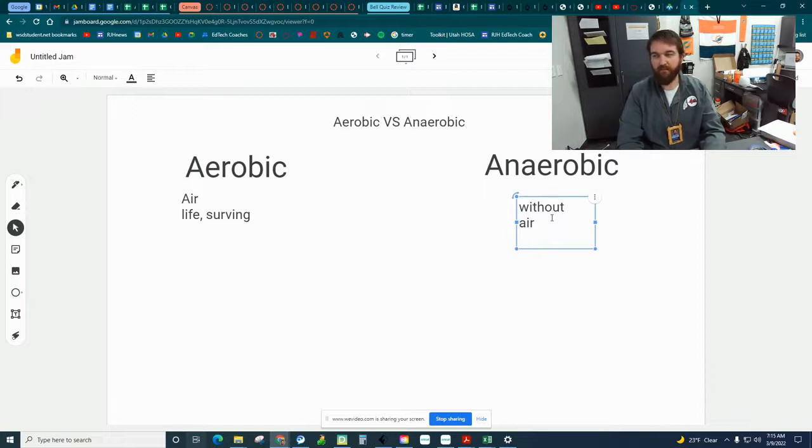And we still have bio, which refers to bios, and that again means life or surviving. And then that C again makes it an adjective. So aerobic means we need air for those things to survive or to grow, and anaerobic means that we don't need air for those things to grow or to live.